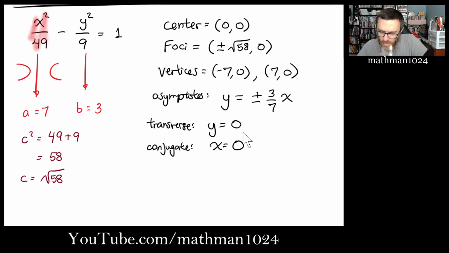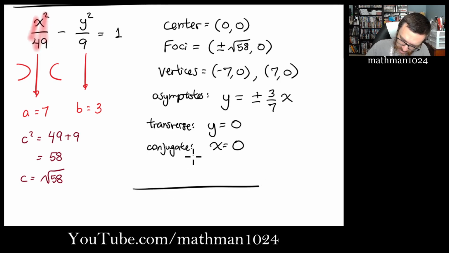All right, so if I want to draw just a quick picture of this, there's my center. I'm going 1, 2, 3, 4, 5, 6, 7 to the right, 7 to the left. And that's where I'm going to have my vertices. Now, this next part's kind of tricky, or it can be.